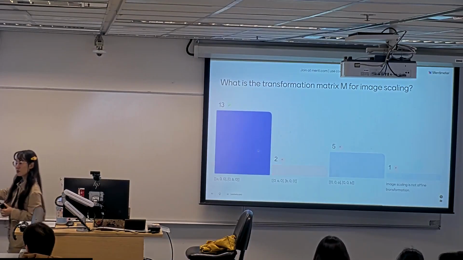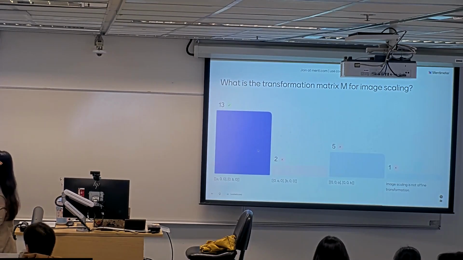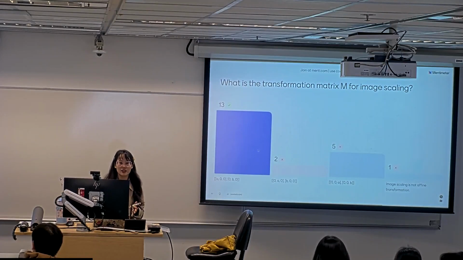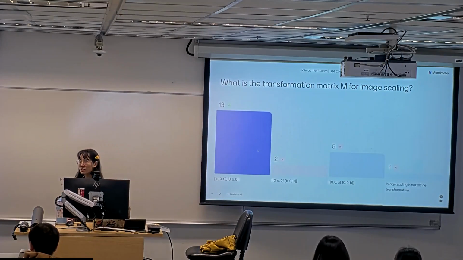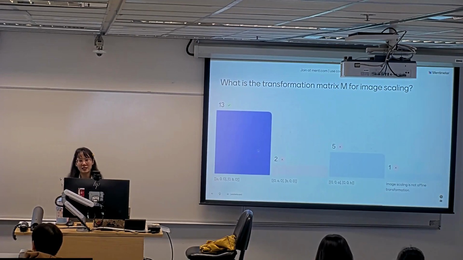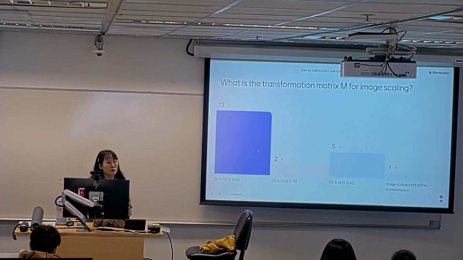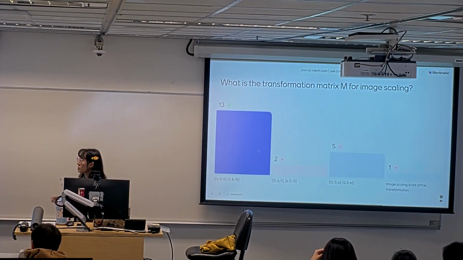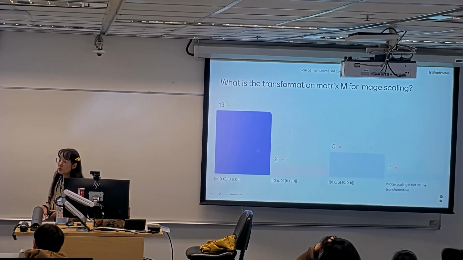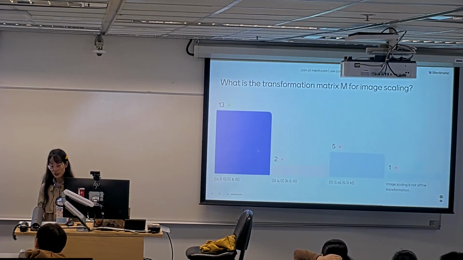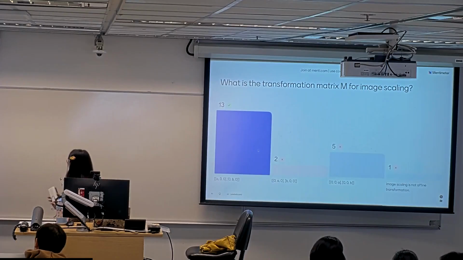Okay, good. I think most of you can get the correct answer. Transformation matrix M for image scaling. Recall that we learned one big type of image processing called the affine transformation. Basically, in the affine transformation you need to define the transformation matrix big M, and then this big M will be used to get the relationship between the new coordinates and the old coordinates. So let's recall what we have done in image scaling.